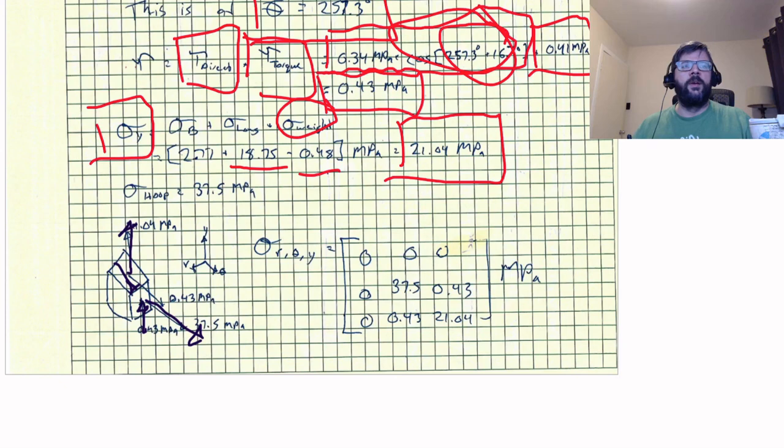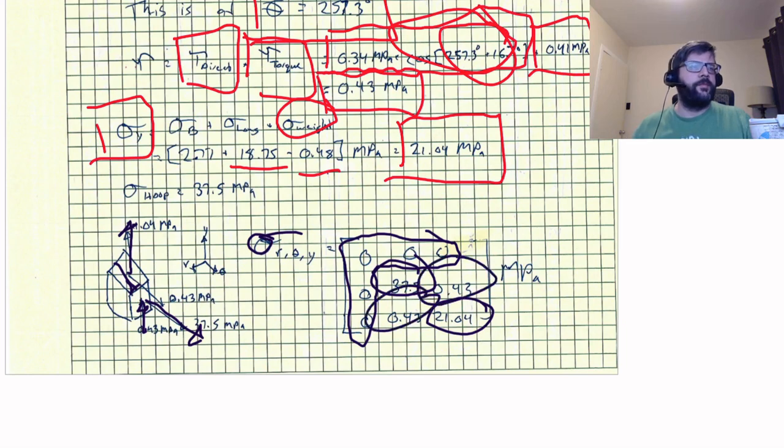So our sigma r, theta, y: our r's are all 0, our theta theta, our yy, and our theta y and y theta. And that is about that.